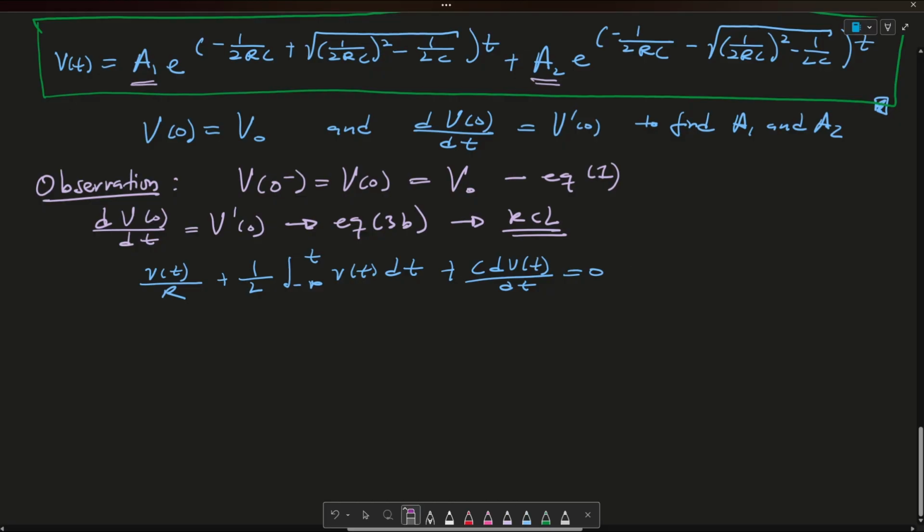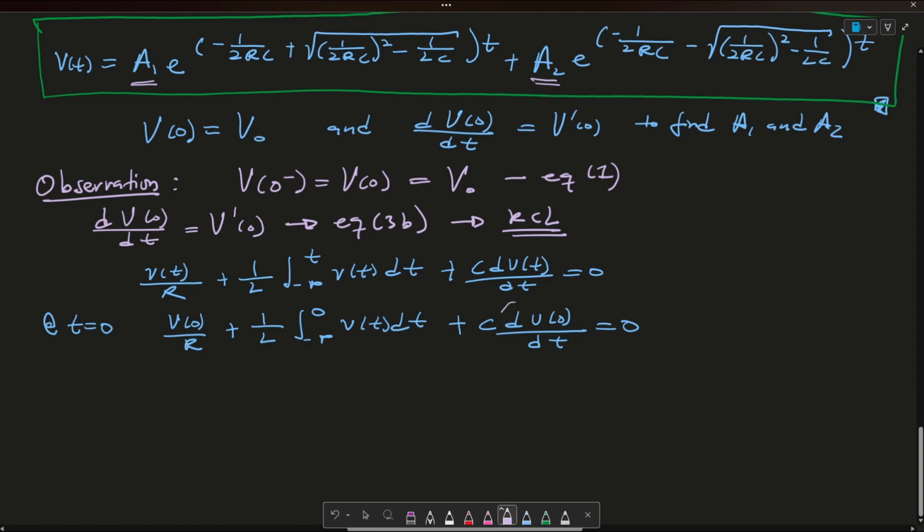All right, if we take a situation where we say that t is equated to 0, we have V of 0 over R plus 1 over L integral from negative infinity to 0, V of t dt, plus C dV0 over dt is equated to 0, where essentially we want to solve for this value here.